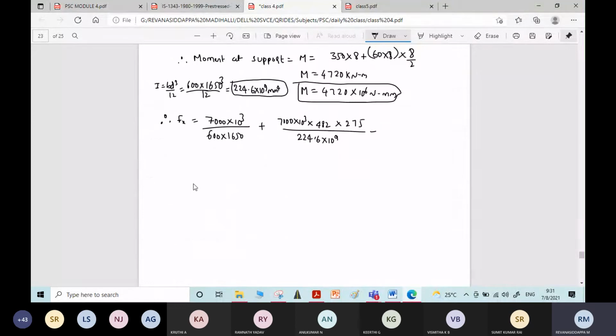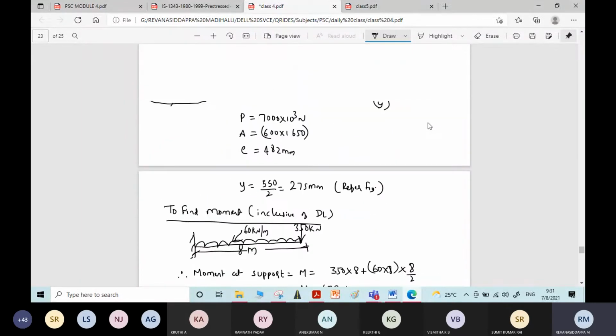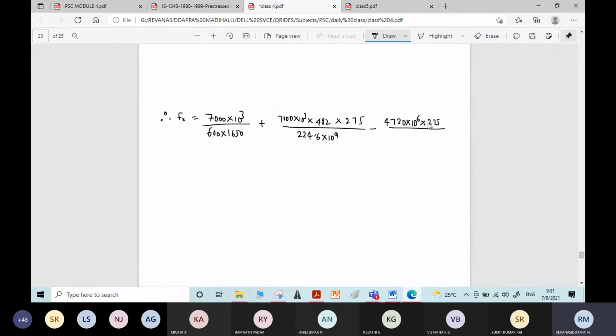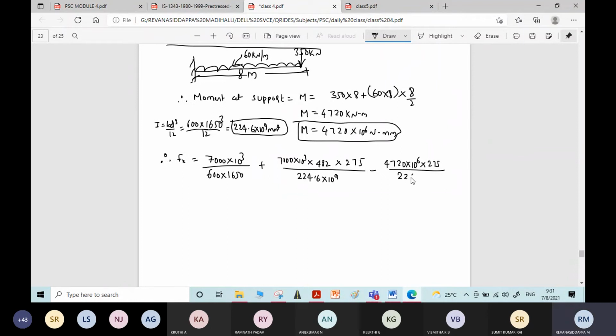Moment we know, that is 4720 into 10 power 6 into y value 275 divided by moment of inertia 224.6 into 10 power 9. Tell me the answer.